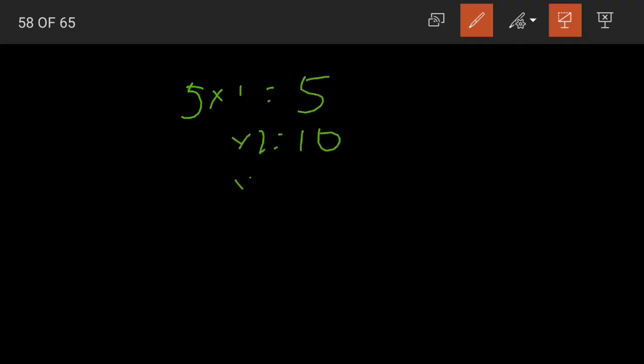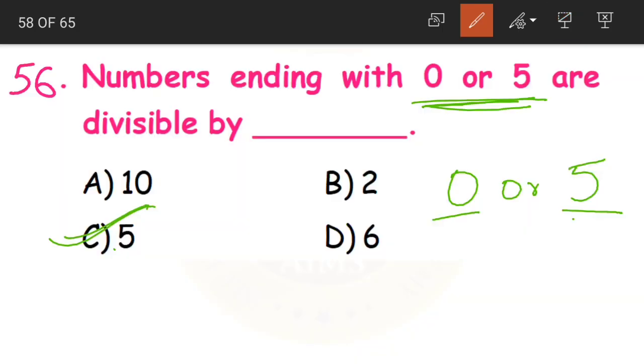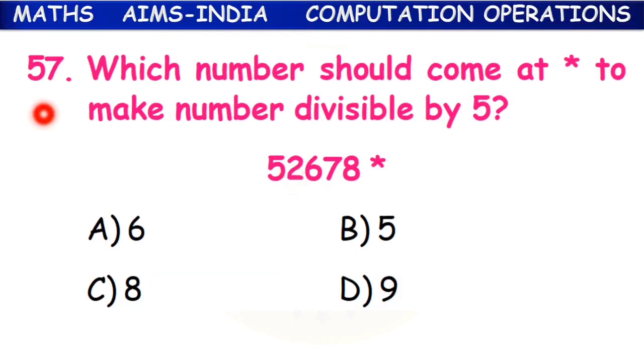If you look at the fifth table, 5 ones are 5, 5 twos are 10, and all the numbers are either ending in 5 or 0. So the numbers that end with 0 or 5 are divisible by 5. Clear?